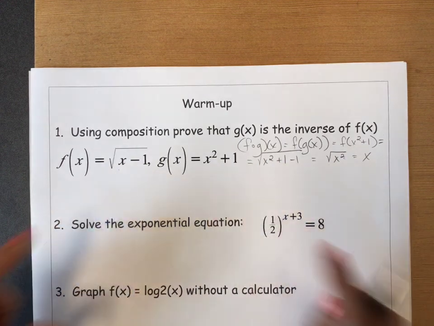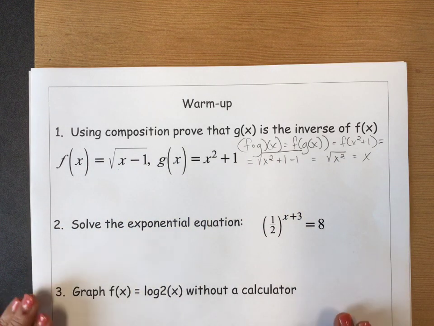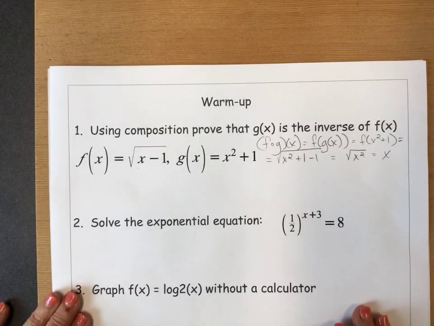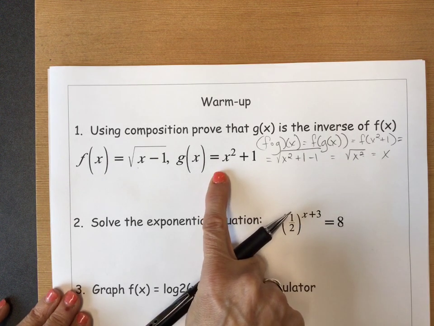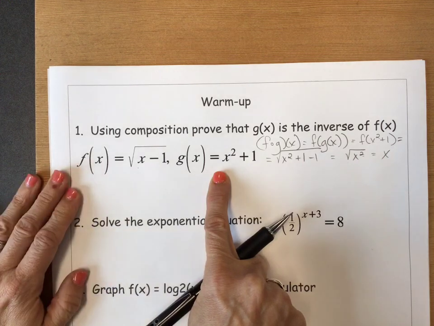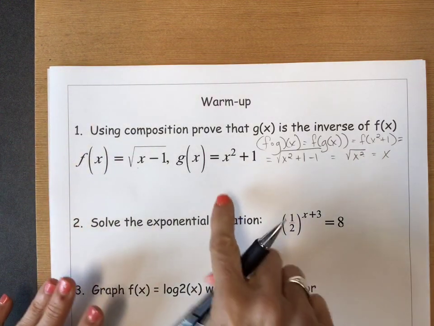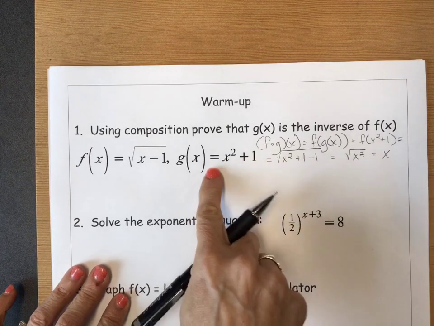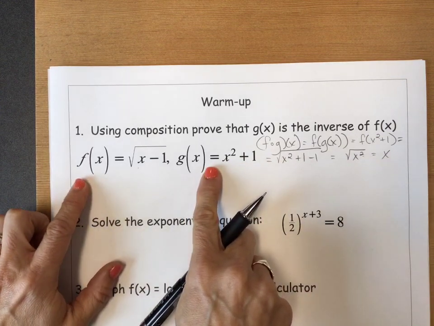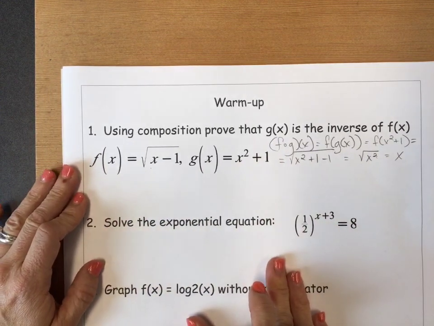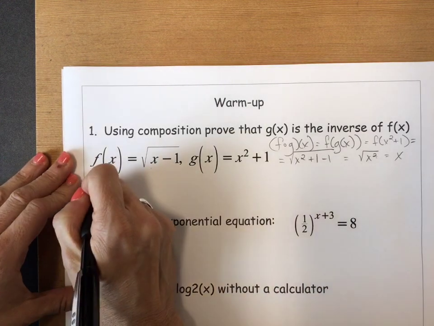I want to take it one step further and talk a little about domains and ranges. They've already found the inverse for us, but when we find the domain and range of our original function, that should be the range and domain of our inverse. So let's find the domain and range of f of x first.